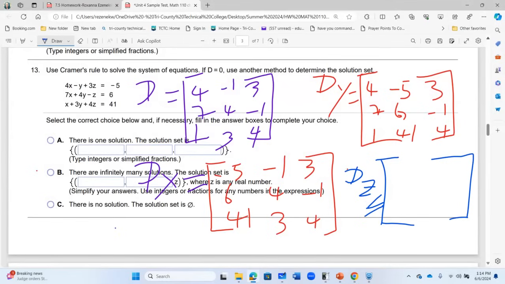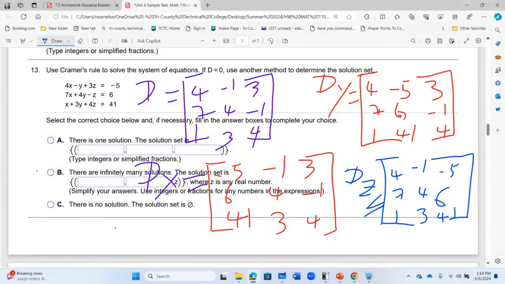So I'll collect the first column, the coefficients of x. The second column are the coefficients of y, negative 1, 4, 3. And the third column are the constants because I'm solving for z. So I have negative 5, 6, 41.